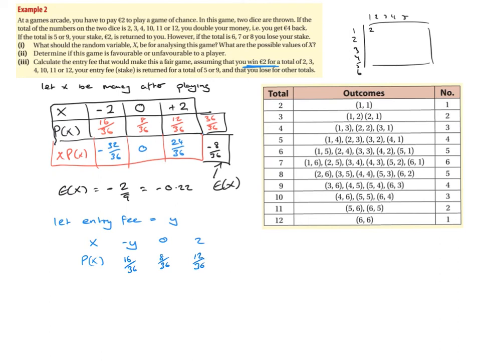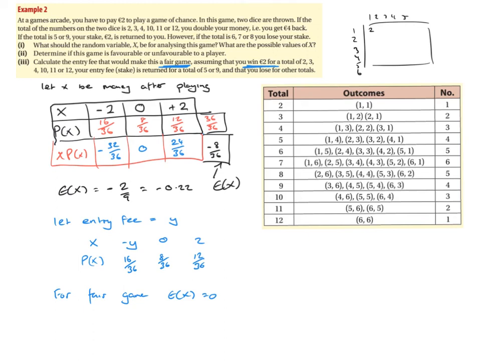And what we're trying to do is make this a fair game. If it's a fair game, that means the expectation of x must be equal to 0. So all we're going to do now is multiply this by this, plus this by this, plus this by this, and set it equal to 0.